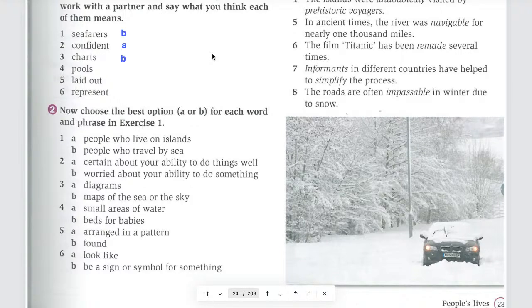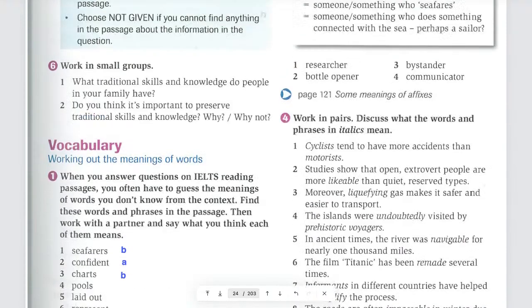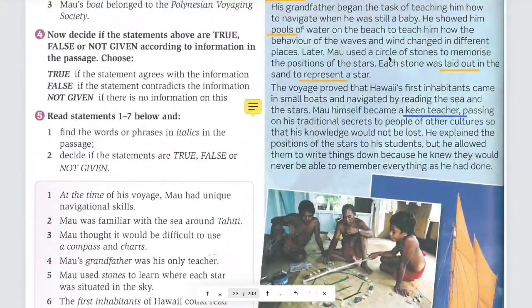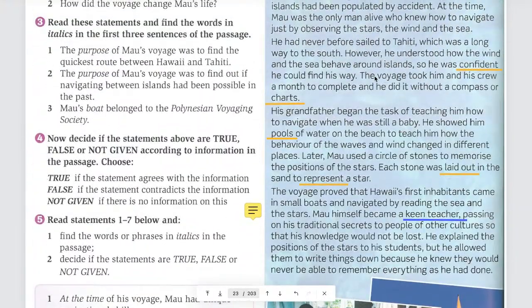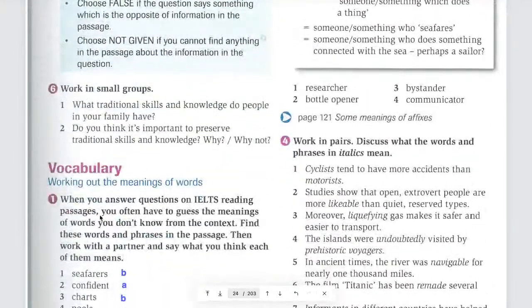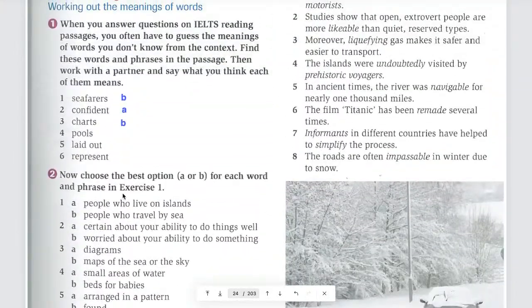It's not like the real diagrams, but based on this context, they are trying to use the charts, and the charts here we are talking about the sea and the sky, right? Here, he did it without compass or charts, so that means he did that without using a map. He doesn't have the map of the sea.